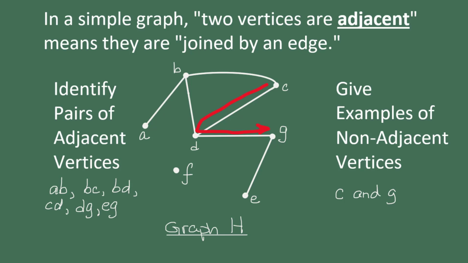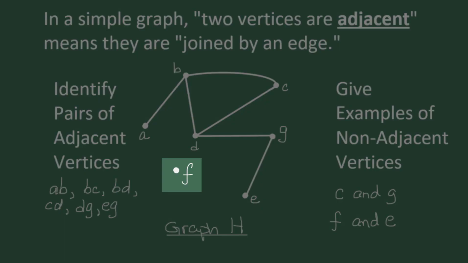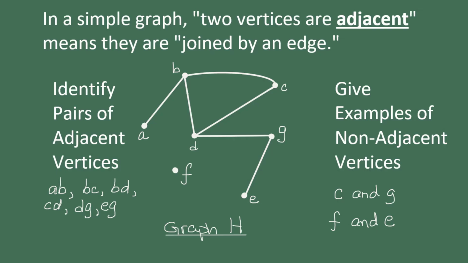There's no way to get between C and G with just one edge. Another example would be vertices F and E. Actually, F isn't adjacent to any of the other vertices in the graph because F has no edges connecting to it.